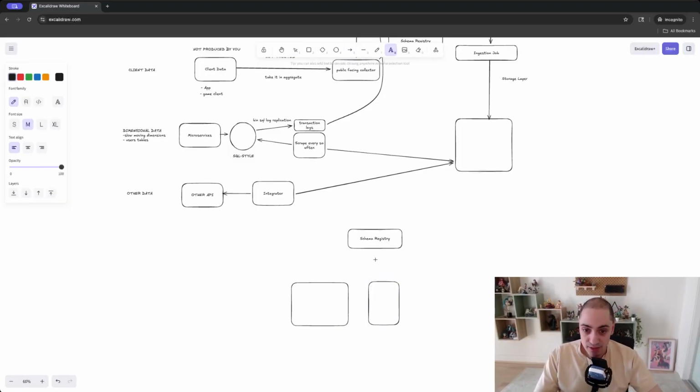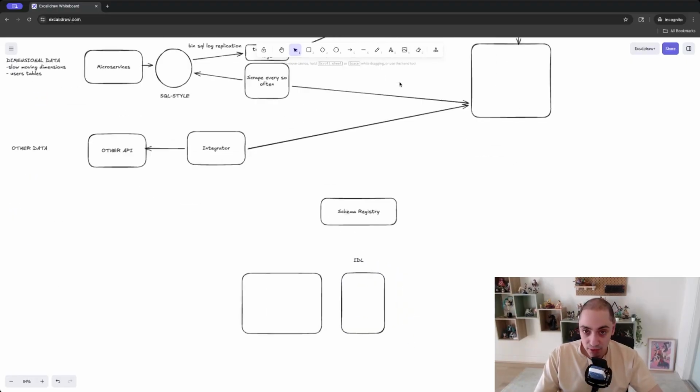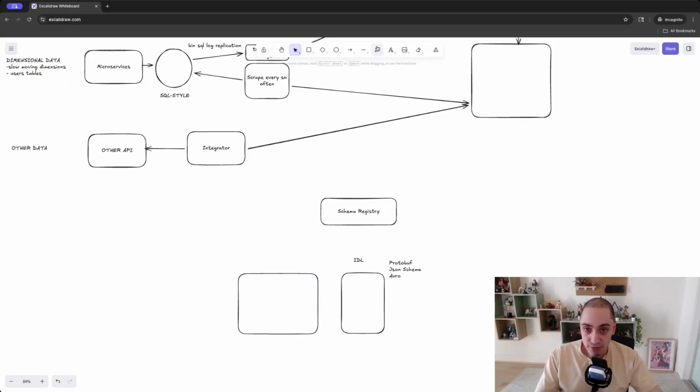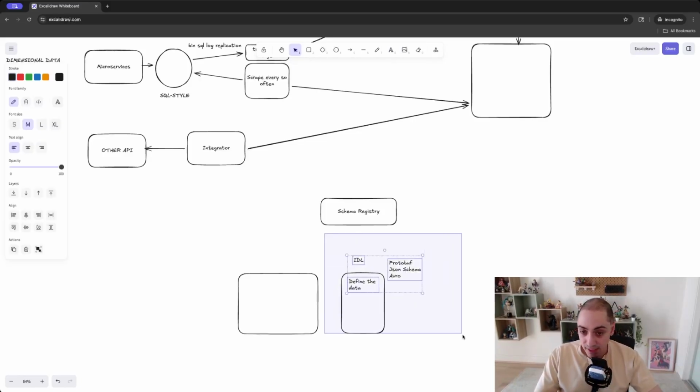So let's call this an IDL, and you can choose any format you want here. It could be protobuf, it could be JSON schema, it could be Avro, whatever kind of IDL you want to choose. And then this is going to define the data and what's in it. So that's what this IDL is for.